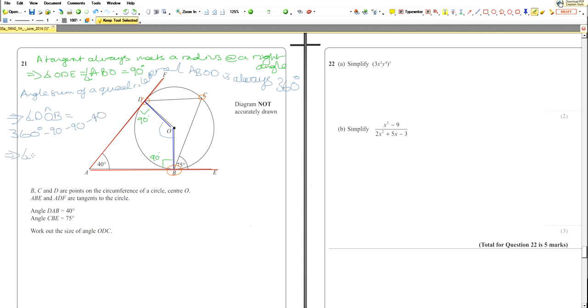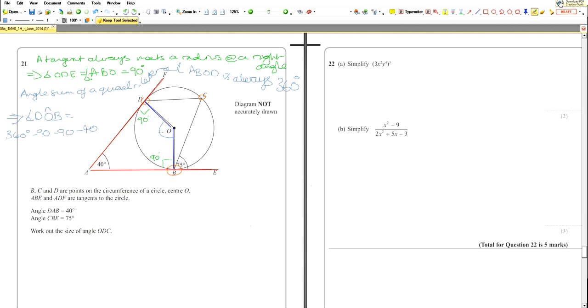Let's just try to undo the last bit. Angle DOB is equal to 360 degrees minus 90 minus the other 90 minus the 40.